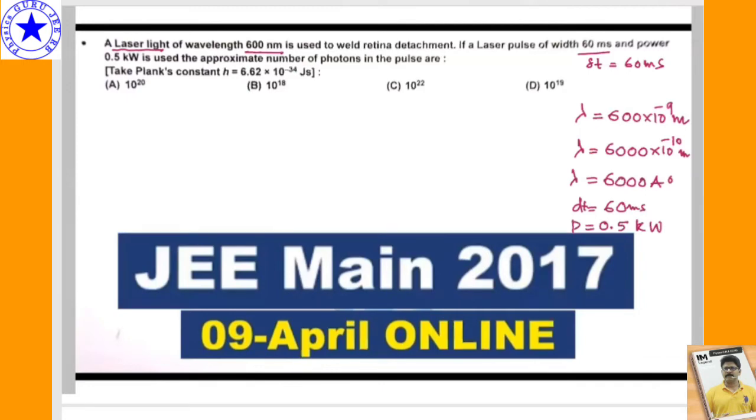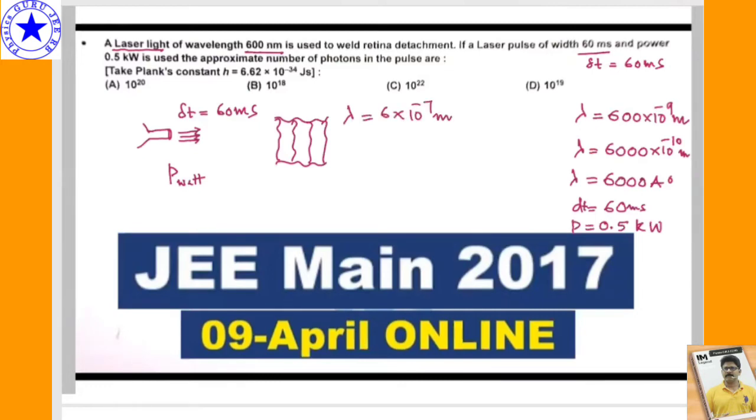That means the laser beam which is being produced is made incident on a particular surface for 60 milliseconds, with the power in watts, incident on the retina. The wavelength lambda is already given, 6 into 10 to the power of minus 7 meters.